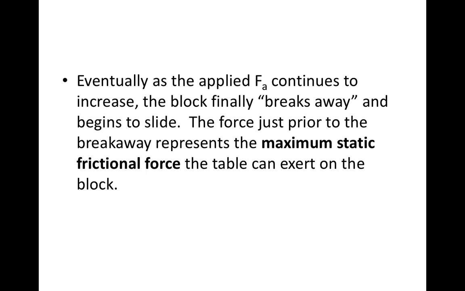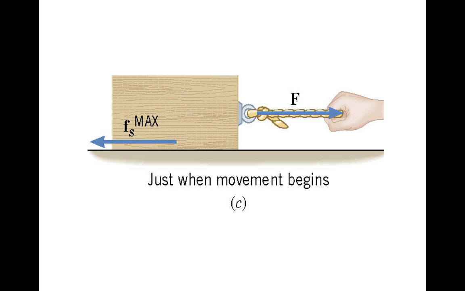The force just prior to the breakaway represents the maximum static frictional force the table can exert on the block. So as you keep increasing the force, the static frictional force reaches some maximum, and then it can't increase any more than that. And so at that point, the object is going to just begin to move.